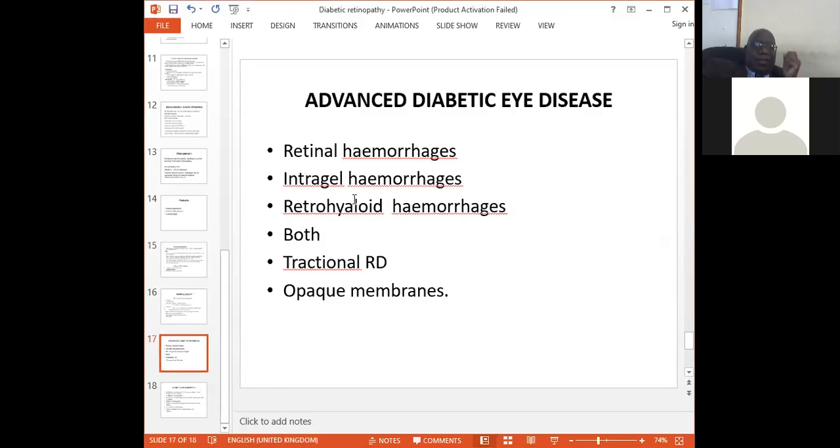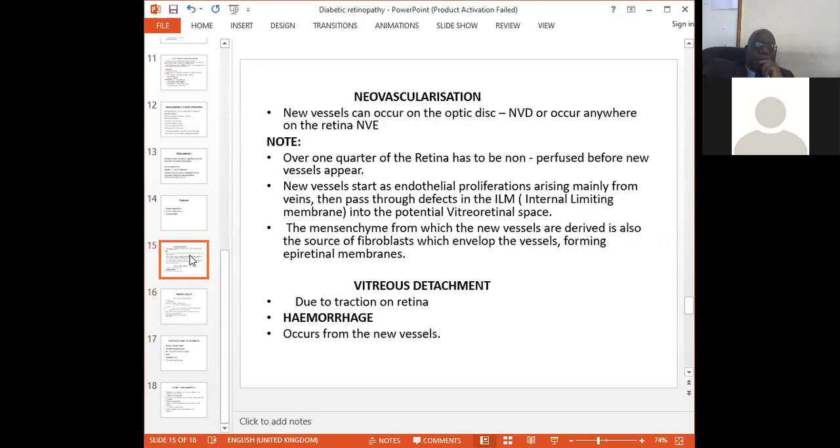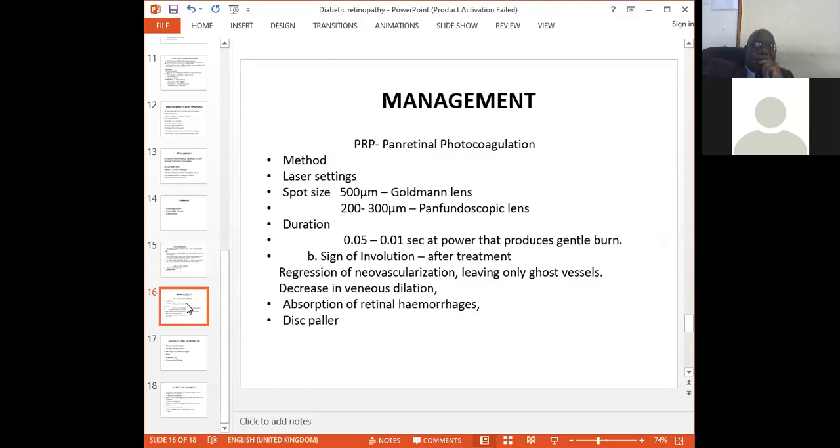Advanced diabetic eye disease. Management of the new vessels and vitreous detachment. Pan-retinal photocoagulation for the new vessels.